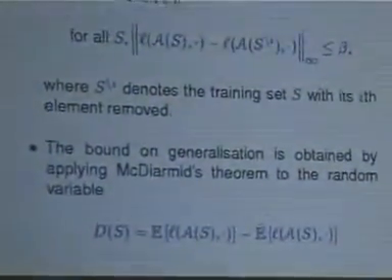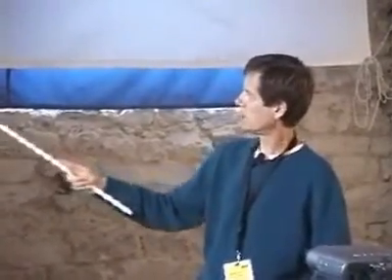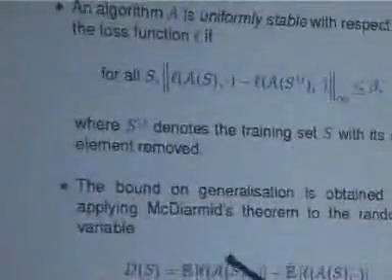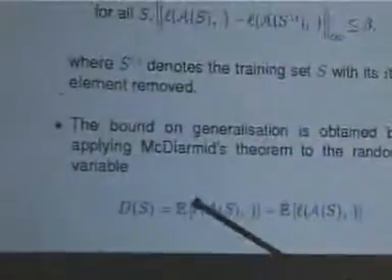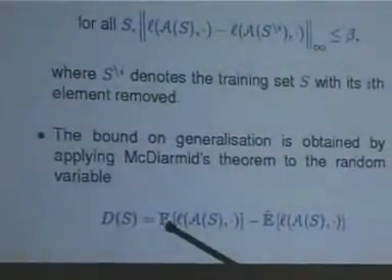Well, what we're looking at is trying to estimate the difference between the expected loss of the learnt function, where A of S is the function returned by the algorithm. This is the loss and its expectation under the underlying distribution.